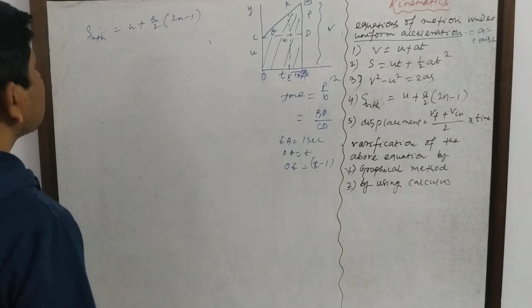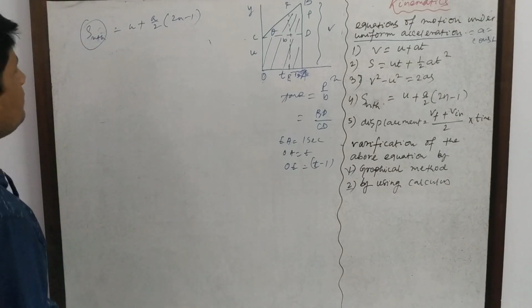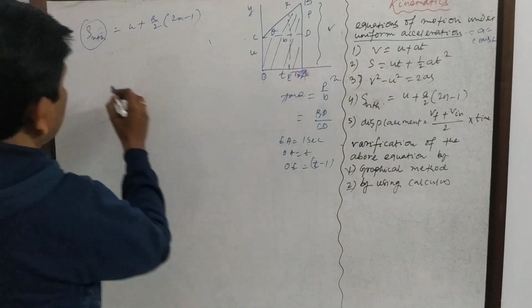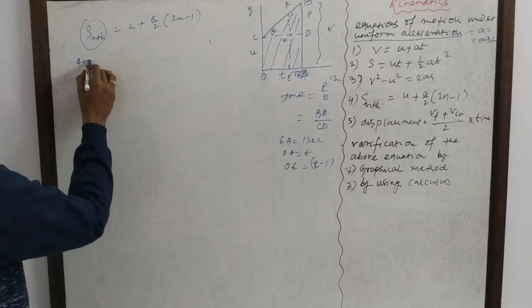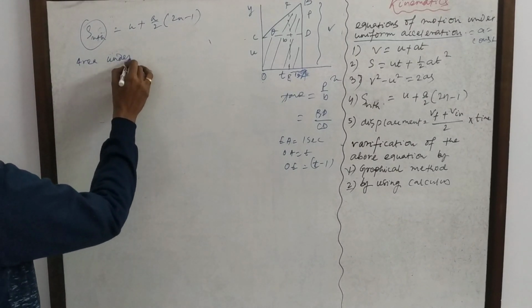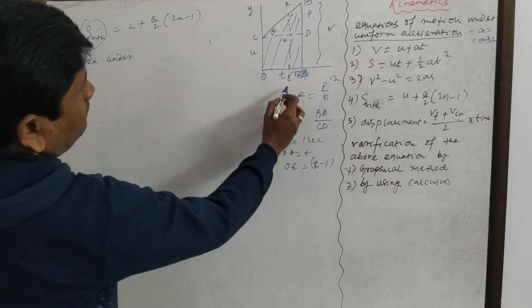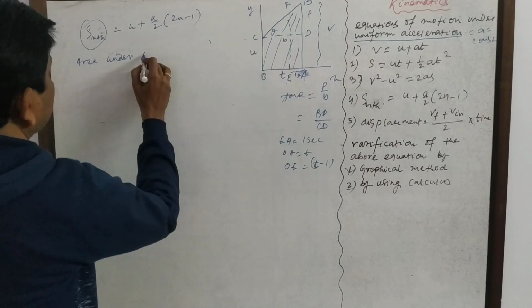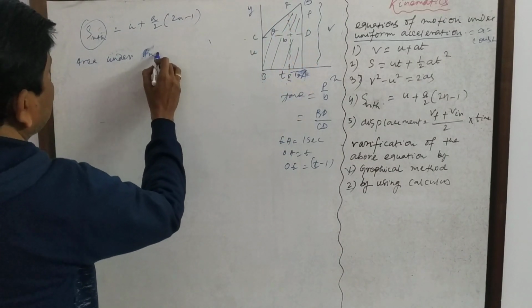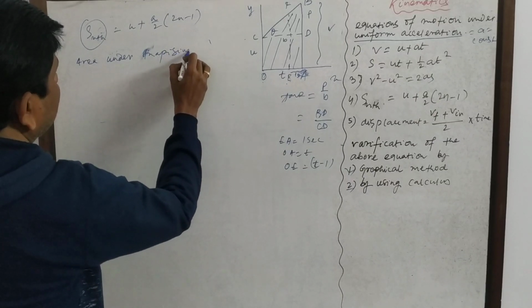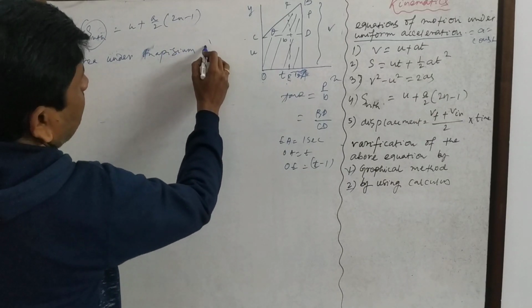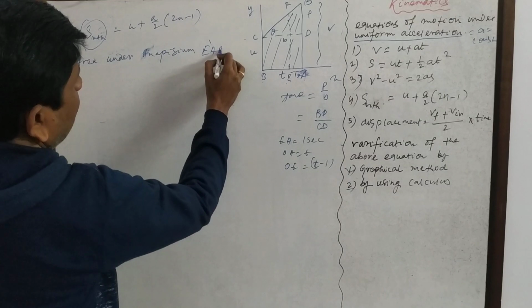Now S nth is the displacement, that is the area under the trapezium EABF.